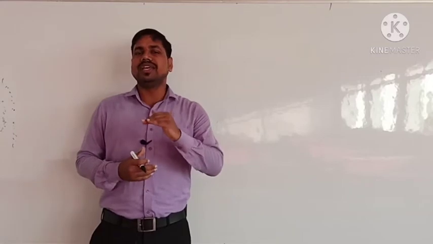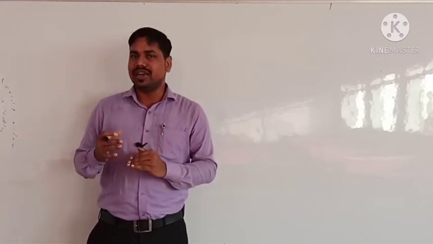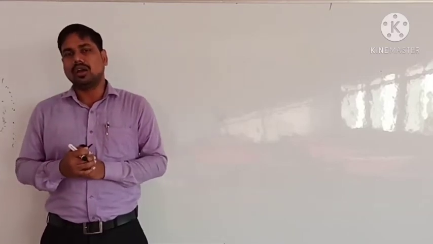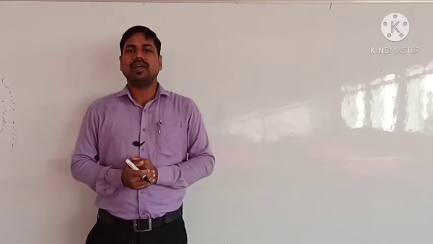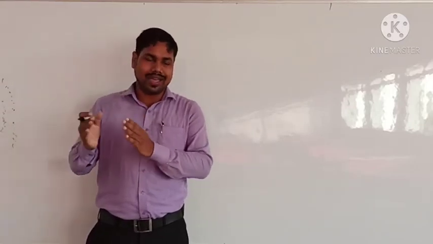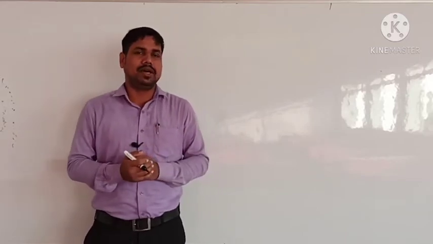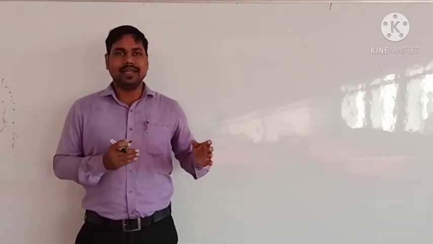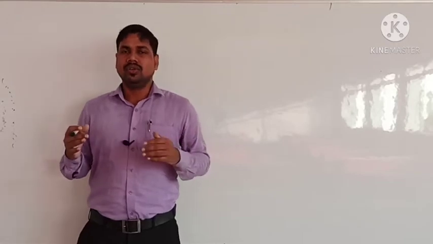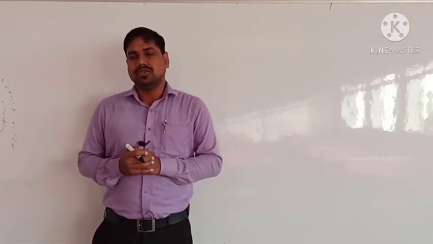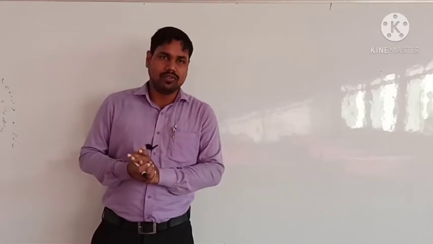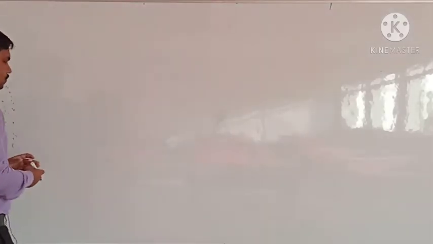Which one is greater, which one is less? Or if several fractional numbers are given, how can we arrange them in ascending or descending order? We will see in today's class. So the topic is comparison of fractional numbers.